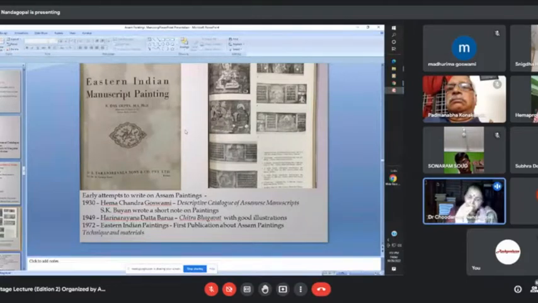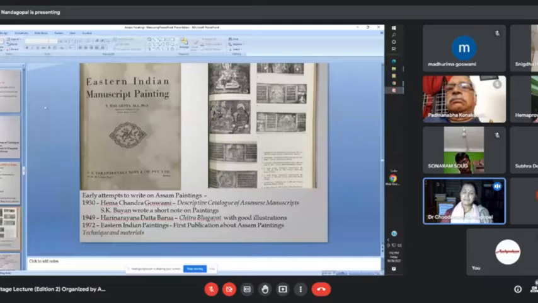This was the earliest publication on Assam paintings. Then in 1949, Harinarayana Datta Baruah worked on Chitra Bhagavat. This is the complete text with good illustrations. It is one of the standard and beautiful texts known as Chitra Bhagavat.